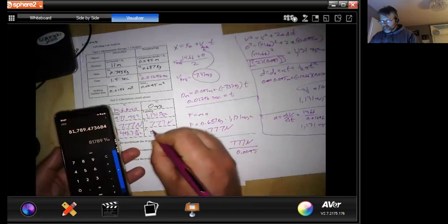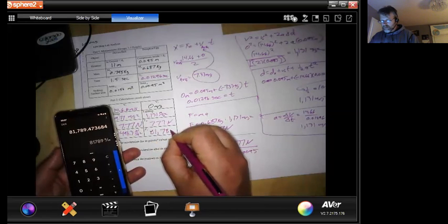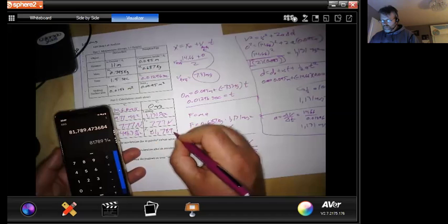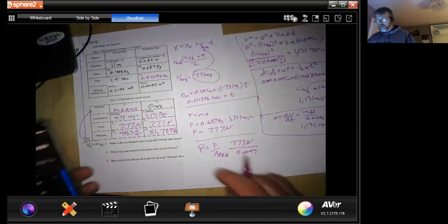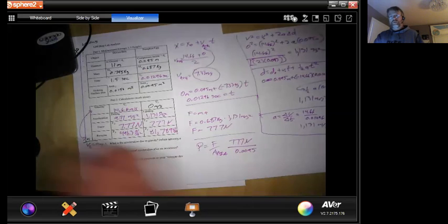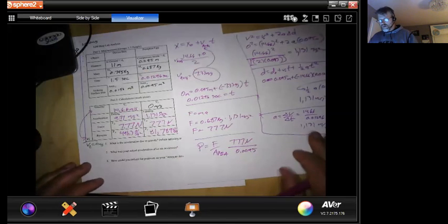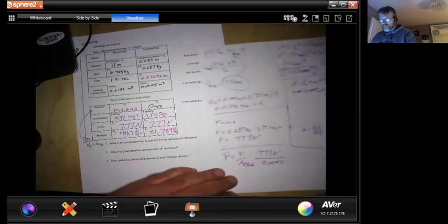So, anyone surprised that the pumpkin did not make it? All right. So, that is how much force was applied to the pumpkin here. So hopefully now you've seen what's going on.